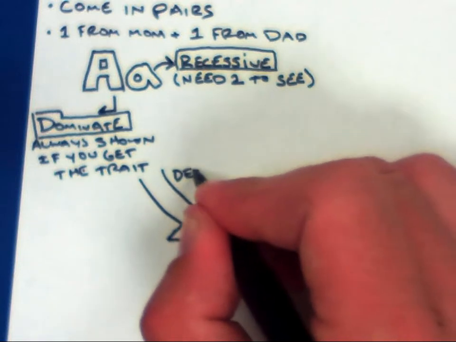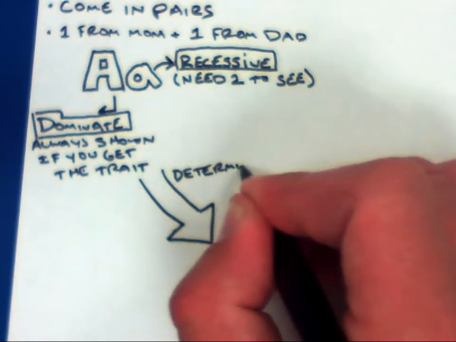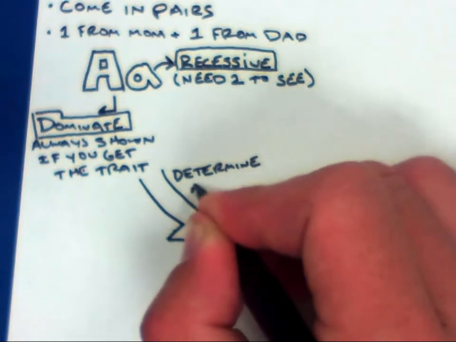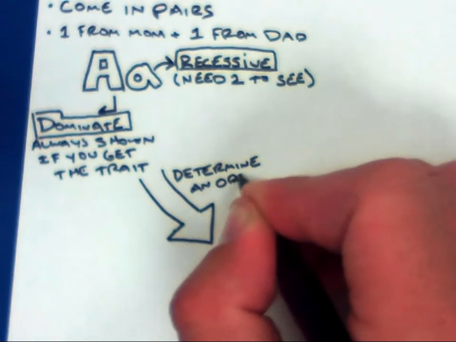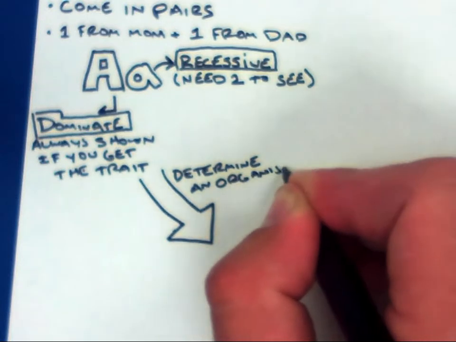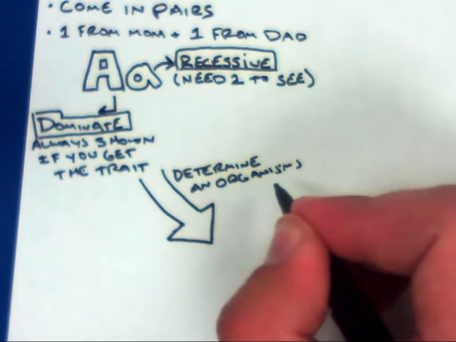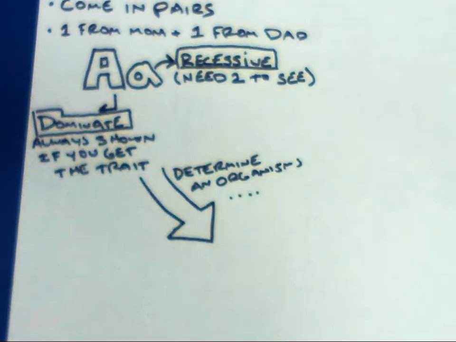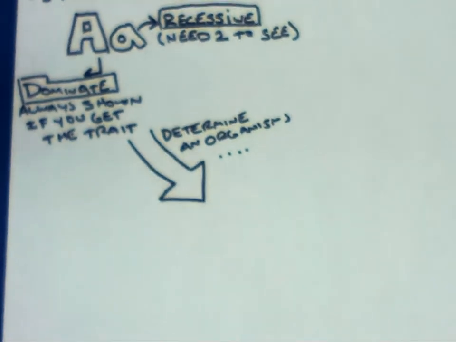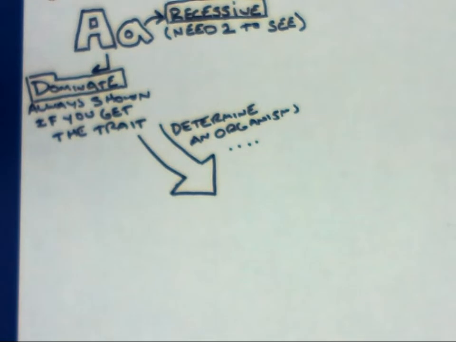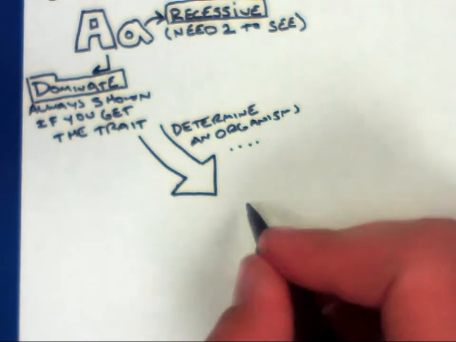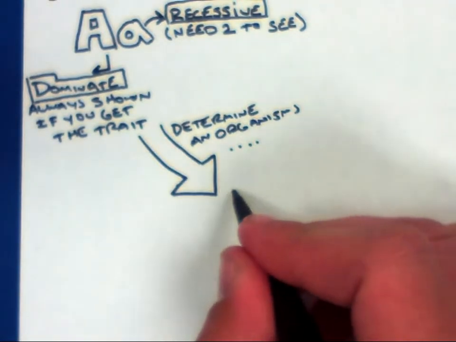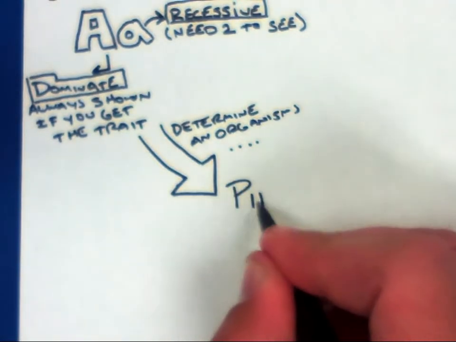And they determine in organisms, and I just put 3 dots because we're going to write it big below there. So they're going to determine in organisms, and the word for that from essential question number 1 is phenotype.